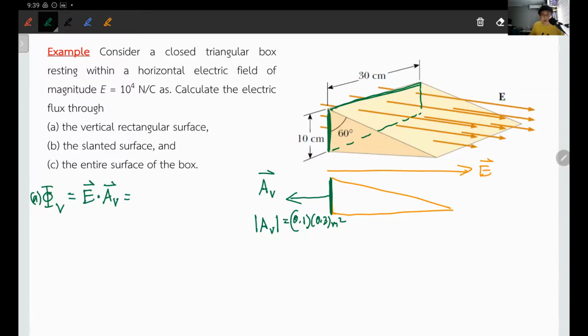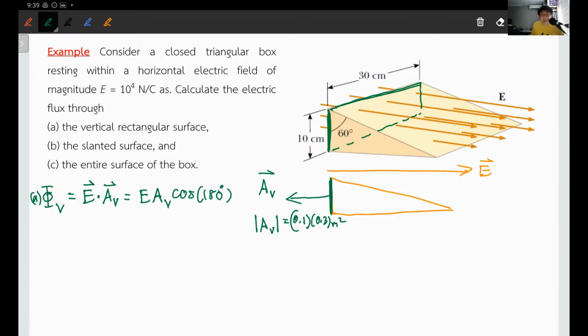However, you can see from the side view that the A sub V vector is making 180 degrees with the electric field vector. So it's going to be E times A sub V cosine 180 degrees, and that is going to be a negative flux.